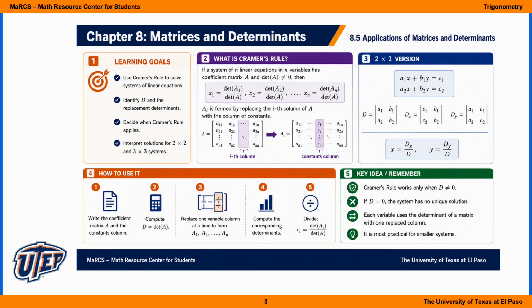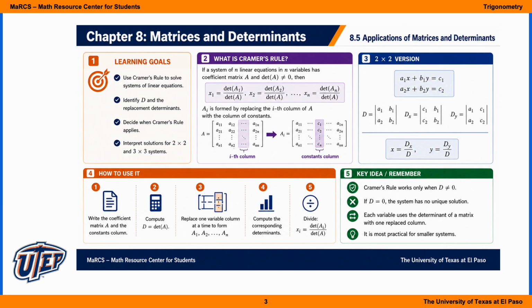So we're given a 2x2 version. We're given the system a1 times x plus b1 times y is equal to c1, a2 times x plus b2 times y is equal to c2. So our coefficient matrix will be the matrix D with entries a1, b1, a2, b2. Those are the coefficients in front of our variables x and y.